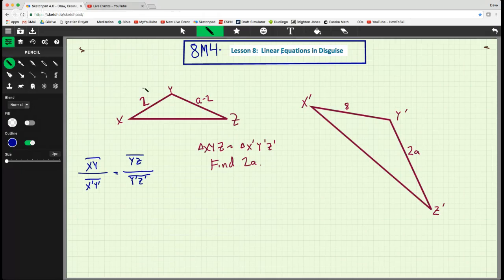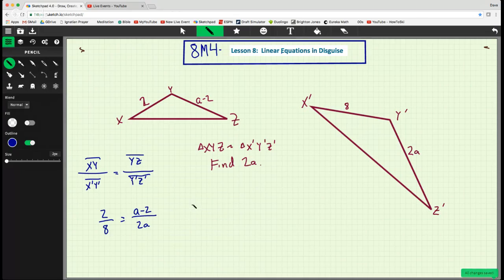So xy, there we go, that's 2. Over x prime y prime, well, that's 8. That equals yz, that's a minus 2, over y prime z prime, that's 2a. Okay, now I have my cross multiplication problem.